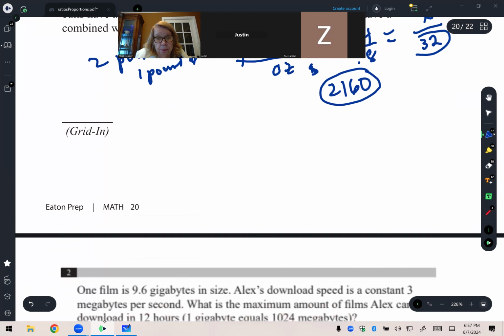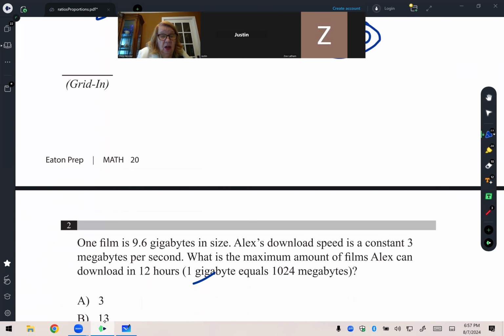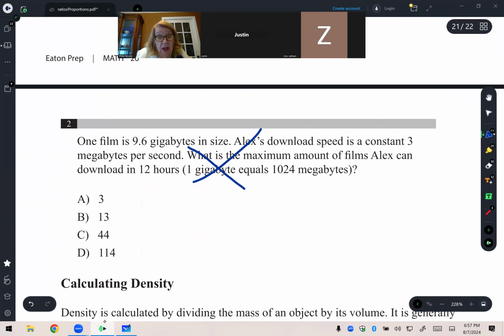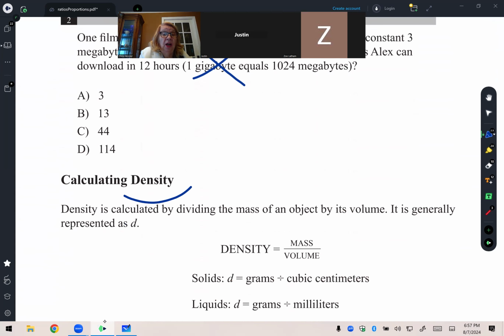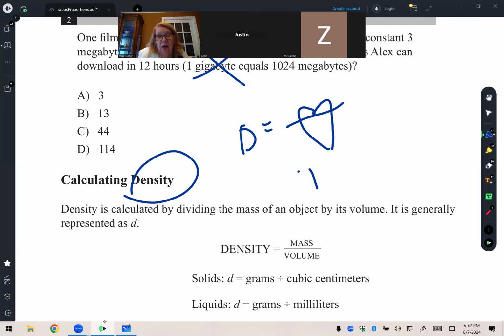Now we don't have to do this hard one because they're not putting those on the test. They do not give you the density formula, but we showed you at the beginning that density, I love density, you put a heart there and you realize it's mass over volume.